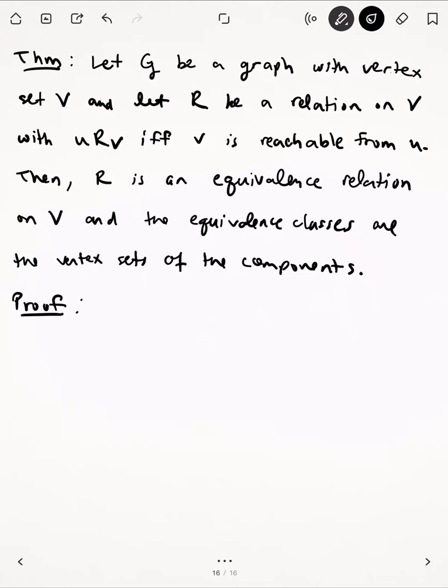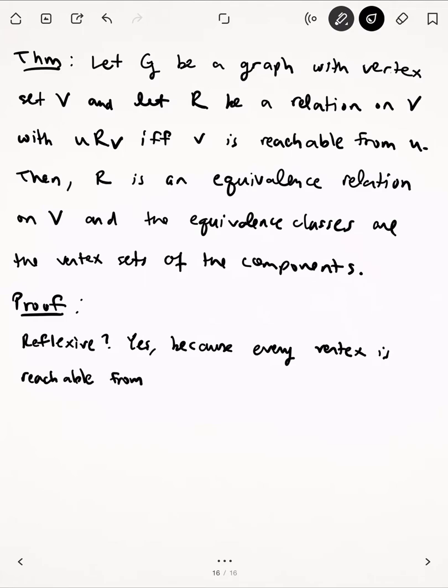So, reflexive, yes, because every vertex is reachable from itself. And this stems from the way that we've defined distance in this particular setting, because remember the distance from any vertex to itself is always 0.